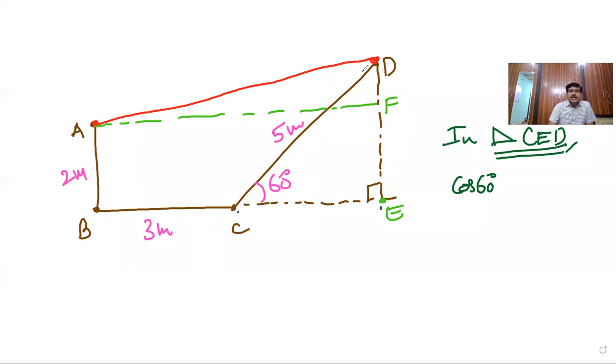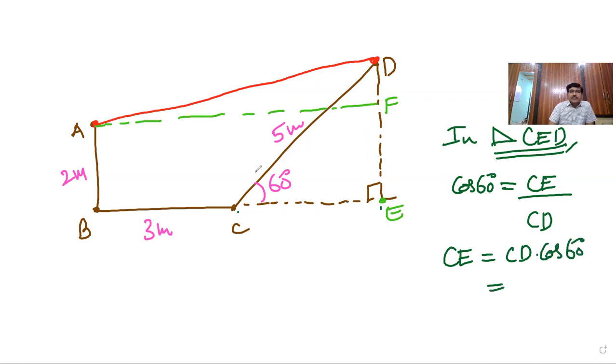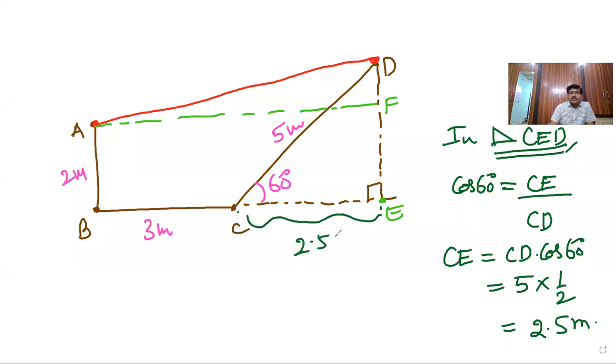So CE by CD, cross multiply. CE is CD into cos 60. CD is how much? CD is 5. So 5 cos 60, which is half, so it is 2.5. CE is 2.5 meters.